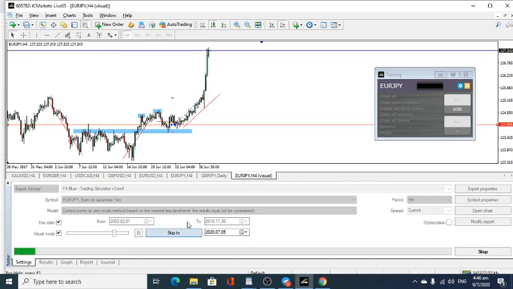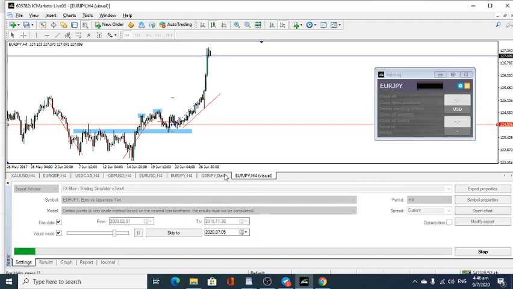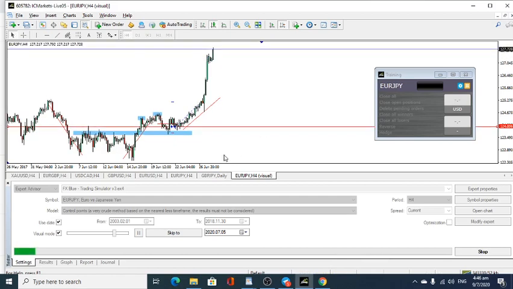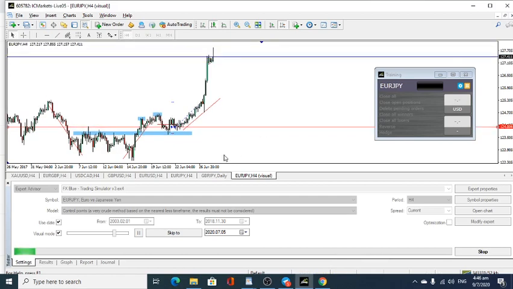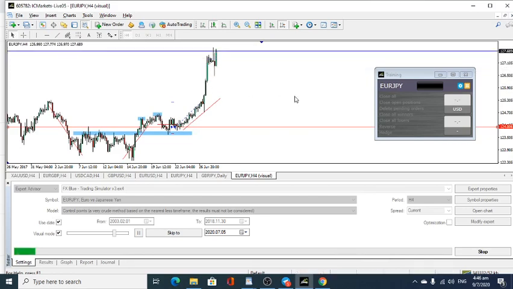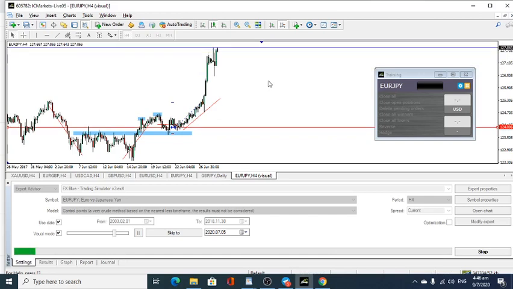Let's see how far it goes. Based on my entry price around here, 124, that's more than 300 pips, bro. 300 pips, my god, it's crazy. See, after that push, now this is a strong push, right? It's quite dangerous to take any kind of buy.